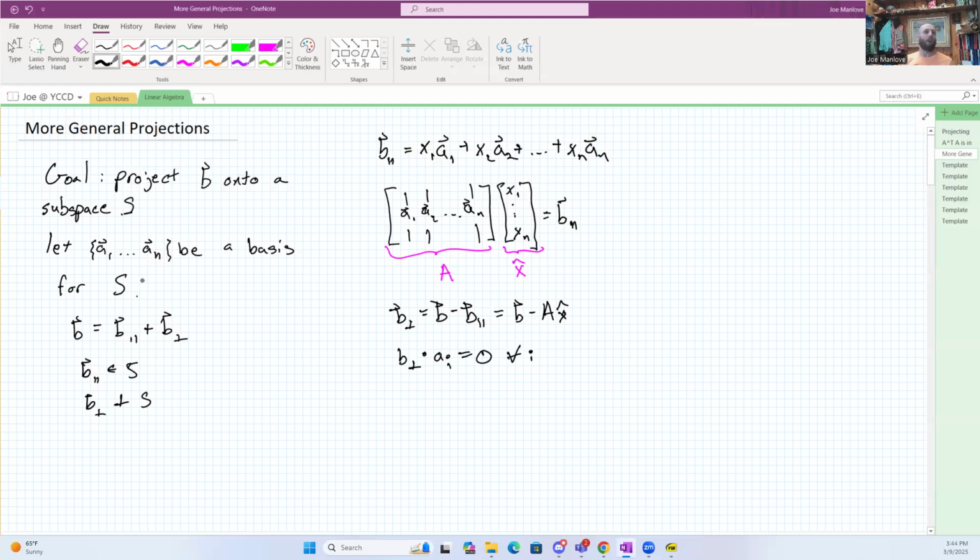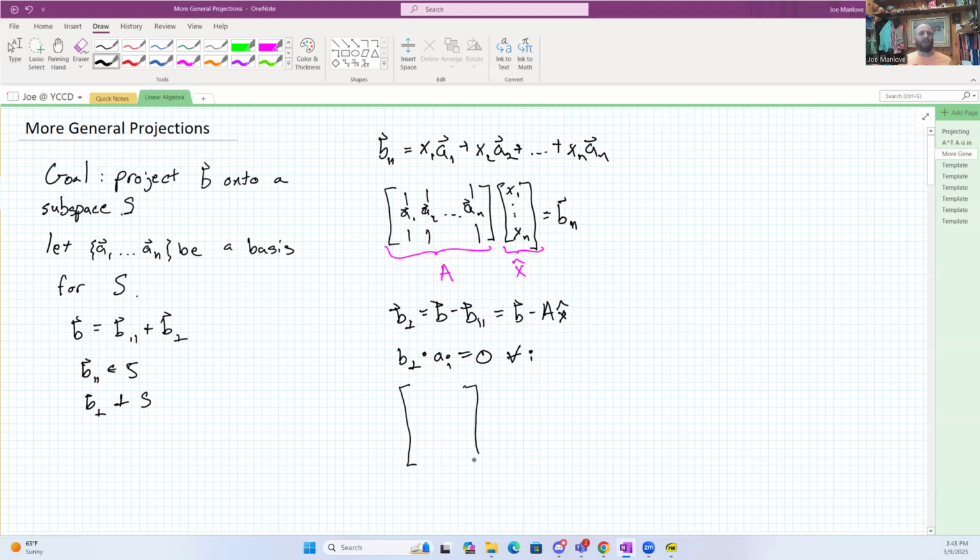So for all of my A1 through AN, B perpendicular is perpendicular to those. That gives me a weird thing that I can write down, and I'm going to write that down in a funny way.